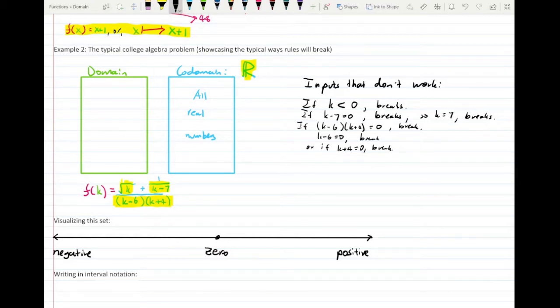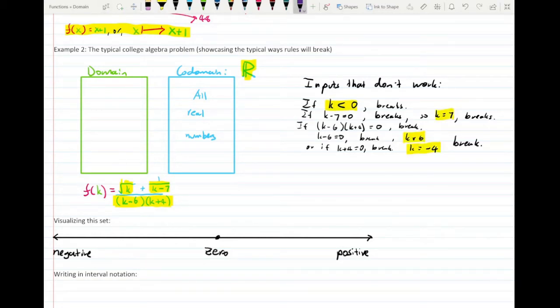This gives us the breakpoints k equals 6 and k equals negative 4. Okay, so these are our breakpoints.